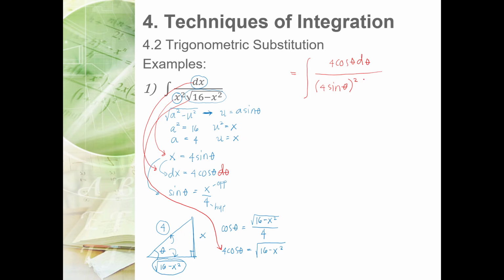Then lastly is the square root. You have 4 cosine theta. So again, notice that all our variables are now in terms of theta. So cancel out 4 cosine theta, cancel out 4 cosine theta, expand the square function. So this leaves us with d theta all over 4. Rather, it's 16. It's not 4 there.